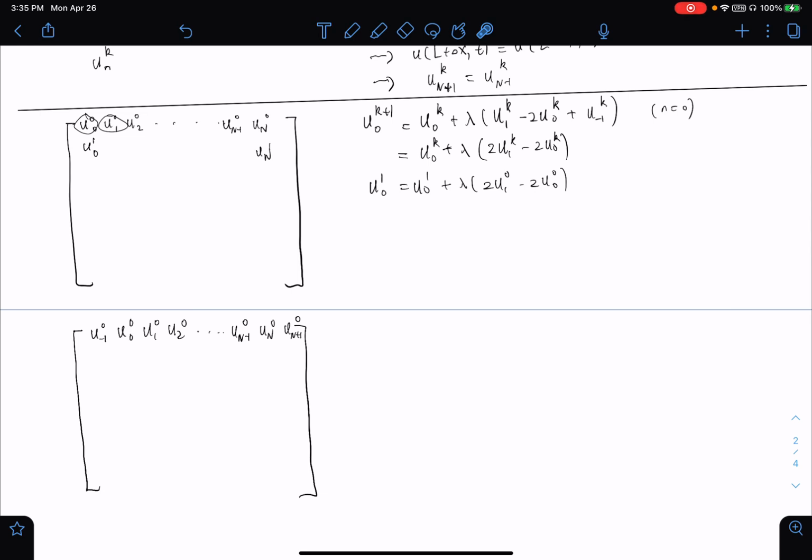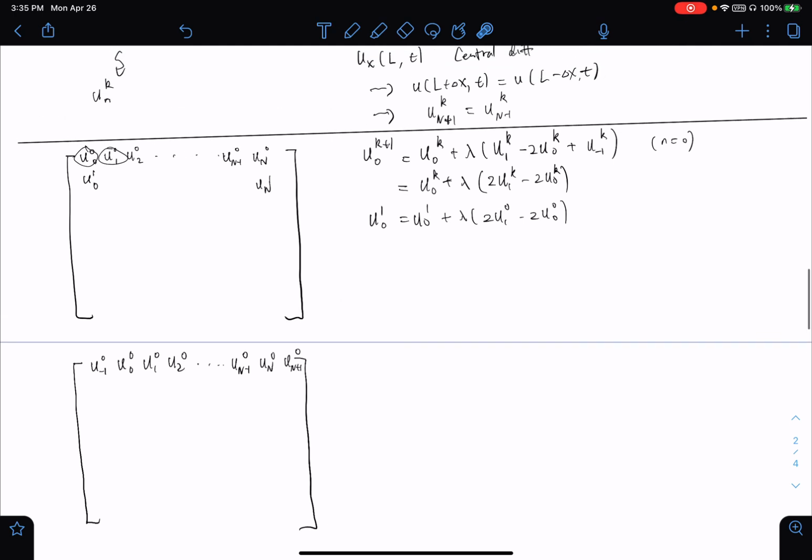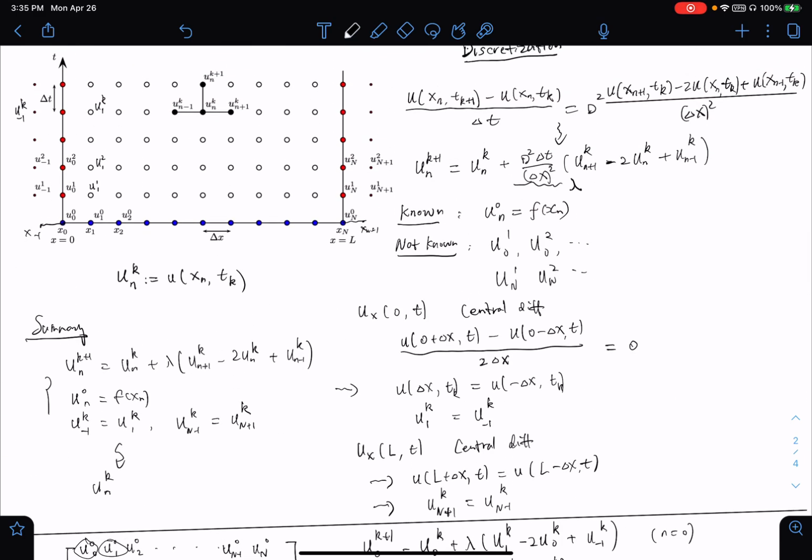What you can do is determine this value by this value, determine this value by this value using this equation, right? And then you can just apply the recursion formula for all the values from here to here. For example, for the second row, when you are determining u at x0 for the next time step, you can use these three values, right?